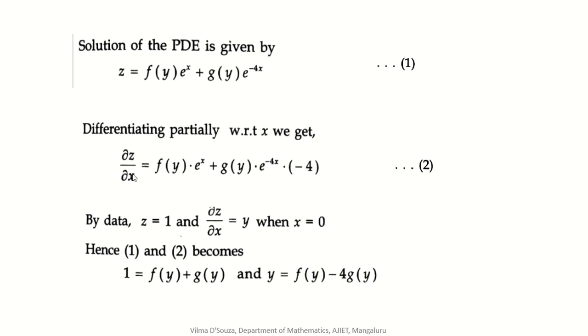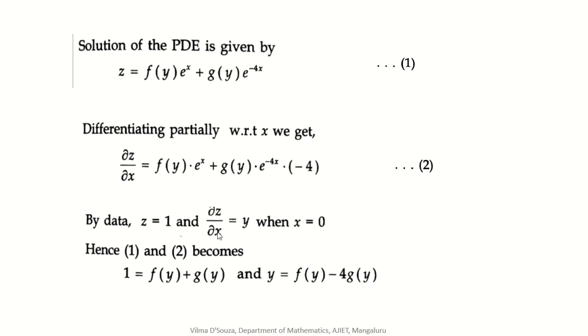So be careful, for ∂z/∂x you are differentiating z with respect to x alone by treating y as constant. So ∂z/∂x = f(y) e^x + g(y) e^(-4x) · (-4). Okay. So give another condition. One condition you have used: z = 1 when x is 0, so f(y) + g(y) = 1.